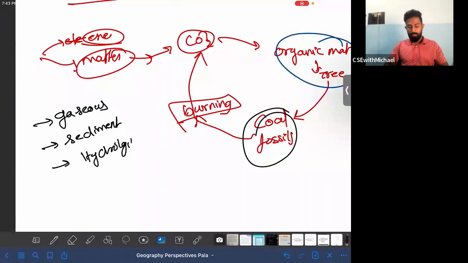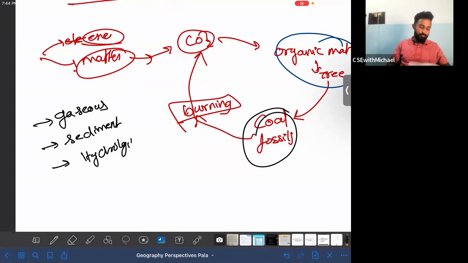And the cycles are important in the fact that these substances are required by organisms for their survival. Okay, so I don't want to read too much into that.